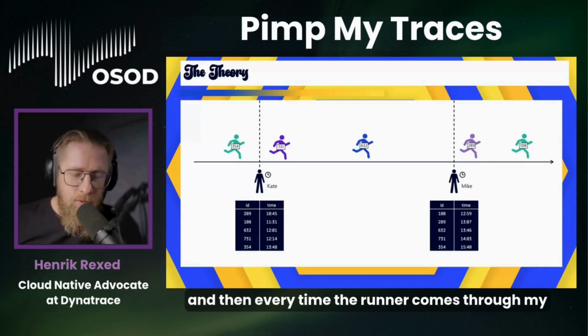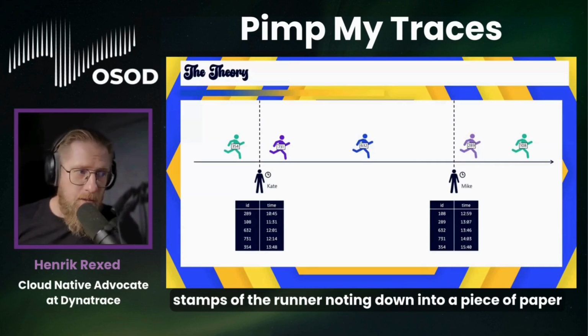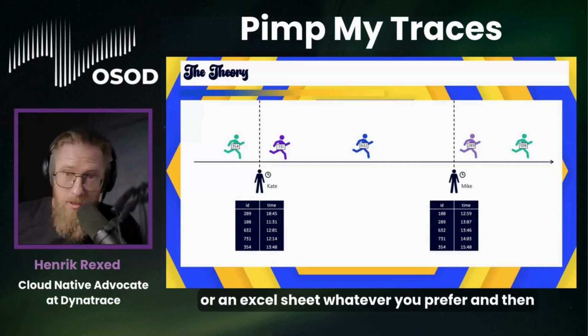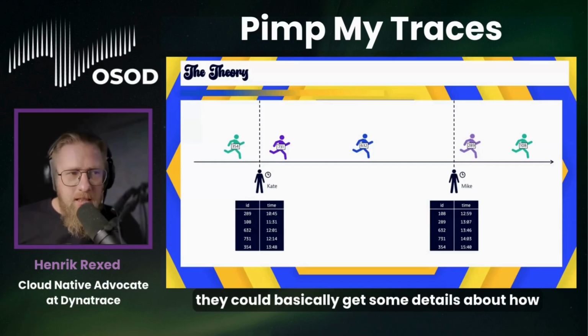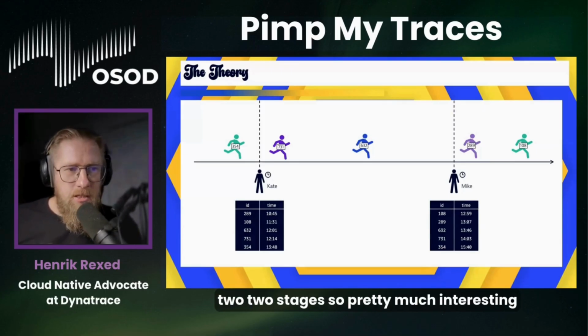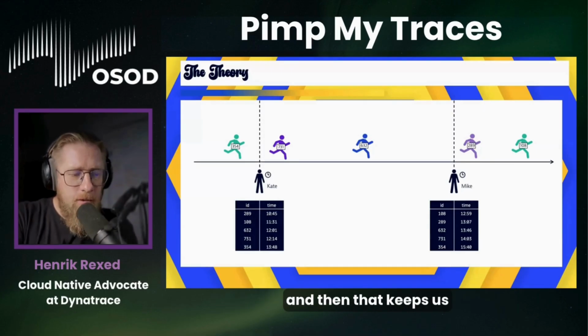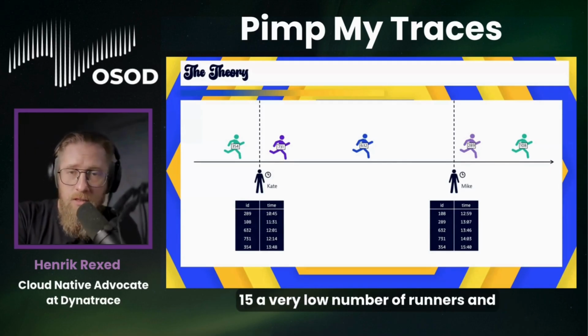Every time the runner comes through Kate, she takes the timestamp of the runner, noting it down on a piece of paper or an Excel sheet, whatever you prefer. And then Mike does the same thing. At the end, with all the statistics, they could get some details about how fast the runner is, the pace between two stages. So pretty interesting. And keeping everything in records makes sense with 15, a very low number of runners.